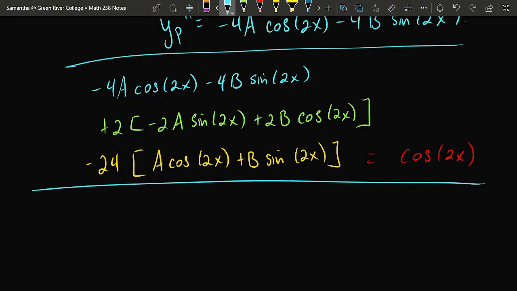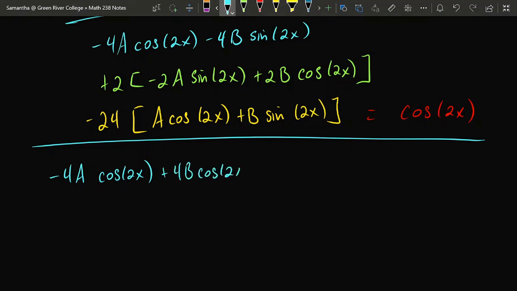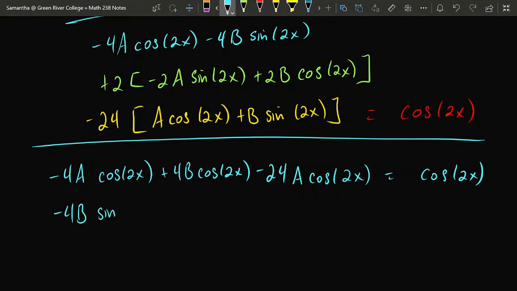So I'm going to go ahead and combine like terms and arrange them according to which terms contain cos and which terms contain sine. So those are the cos terms, and here are the sine terms.